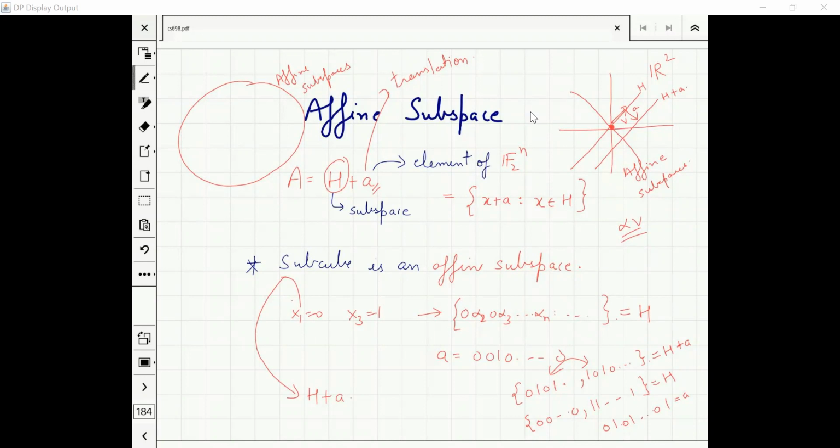What about subspaces? Subspaces are inside affine subspaces, intersect with it, or outside it. Inside, obviously, I can set A to be 0, and then I will get a subspace.